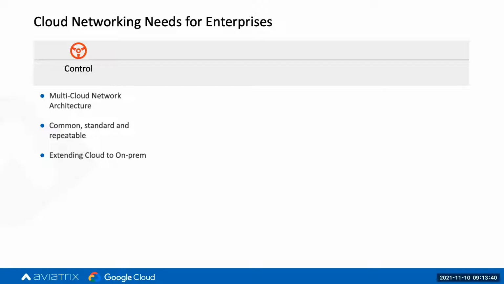What they're looking for, the first thing, is the architecture approach, because this is what they have followed in the on-premise world. When they come to the cloud, they want to make sure that the networks that they're building are well architected. And what they also want is a common ground for their single cloud or multi-cloud adoption, right? So the architecture or the control that they want to provide should be a common, standard, and repeatable architecture across the board, right?